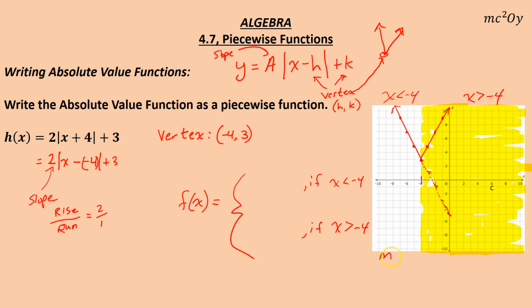So this side, the non-shaded, would have a slope of -2. It's going down 2 and over 1, with a y-intercept of -5. So that means that equation is y equals -2x minus 5. And that's the equation when x is less than -4.